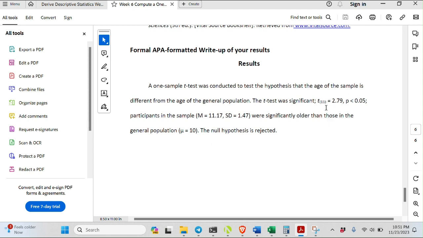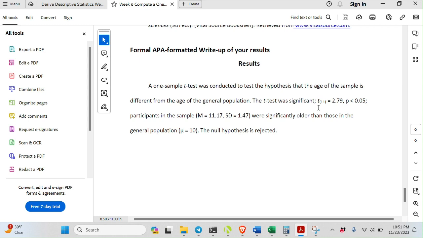Degrees of freedom for t would be 39, so instead of 11, you would type 39. Even though we use 40 from the table, don't type 40 here. Just type 39, because you're reporting your actual t statistic that you calculated, not the one from the chart.